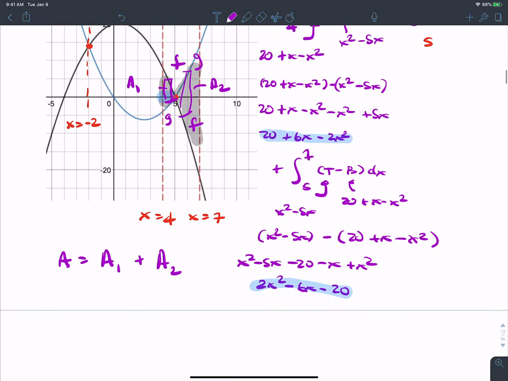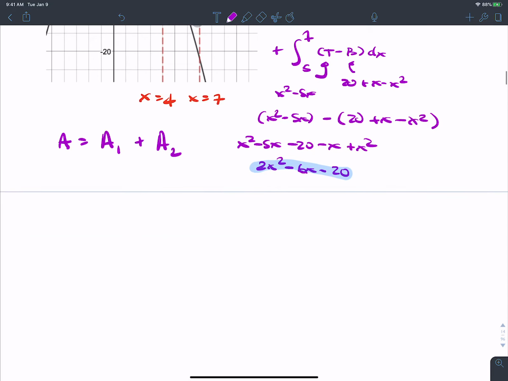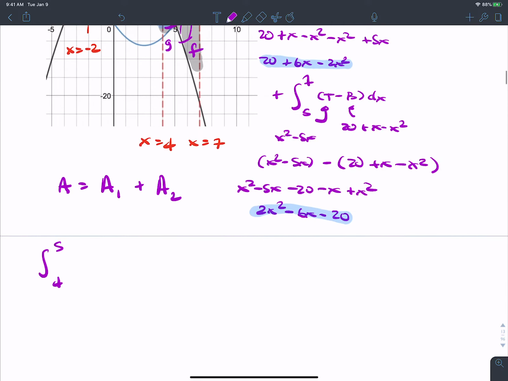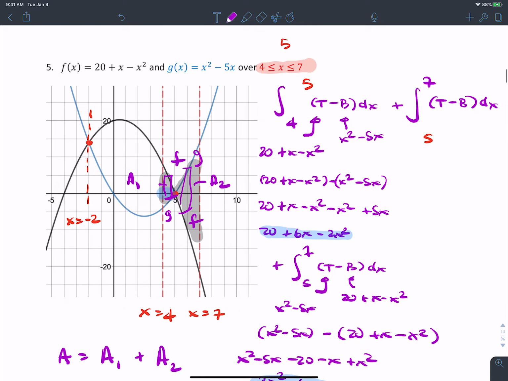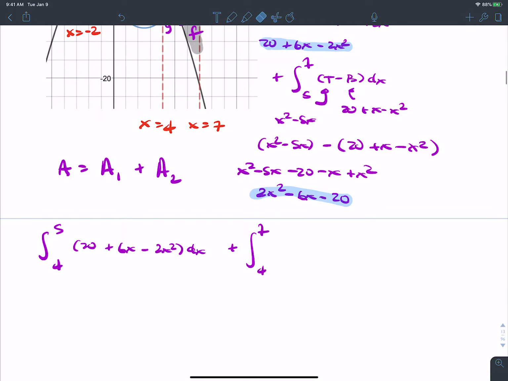So let's set this all up. I have to integrate from 4 to 5 of 20 plus 6x minus 2x squared dx, plus the next integral, from 5 to 7 of 2x squared minus 6x minus 20 dx.